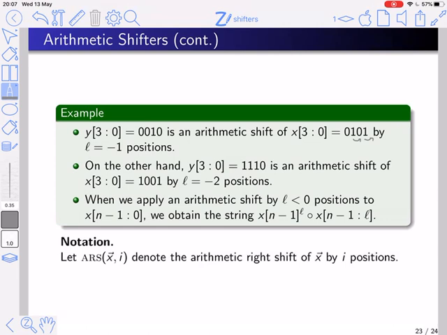If I wanted to do a shift by 2 positions of x, then this one would go to this position and this one would fall out, and this is why I see these 2 bits.